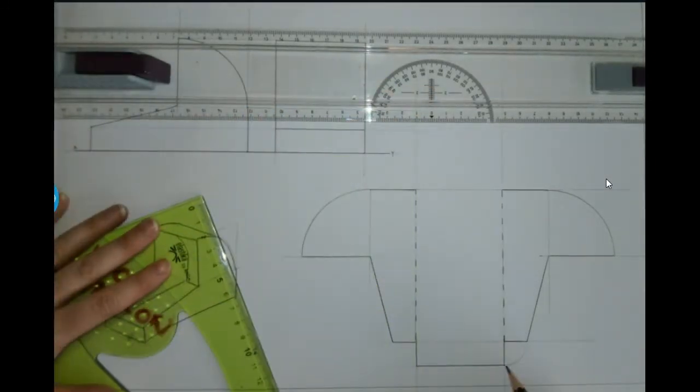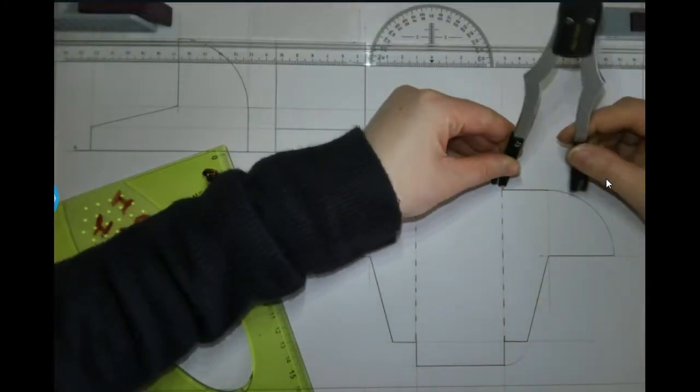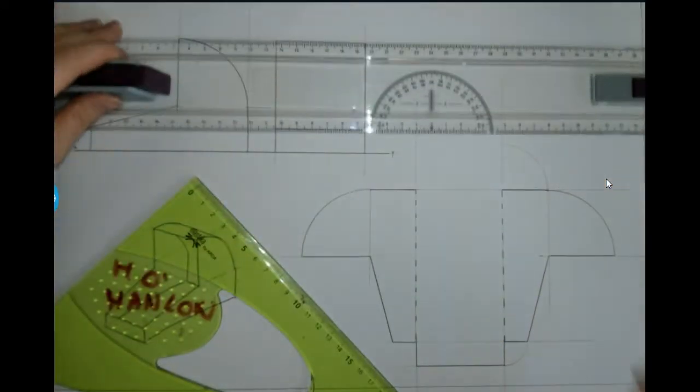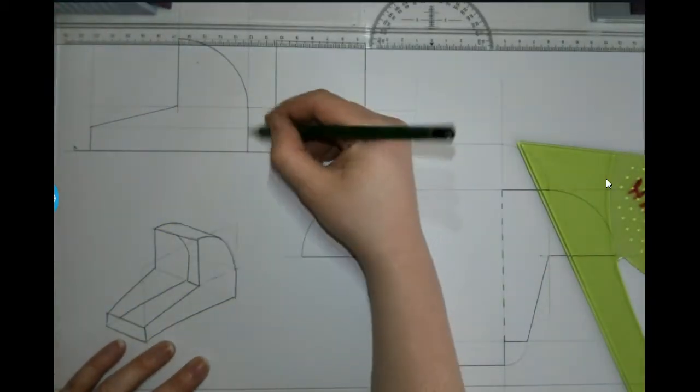I'm just showing that's the relationship between the 2 of them, that they have to be the same. Now I can actually do the same up here. I'm going to take this point here and rotate it up. Draw horizontal. See this back piece here, it's this height.